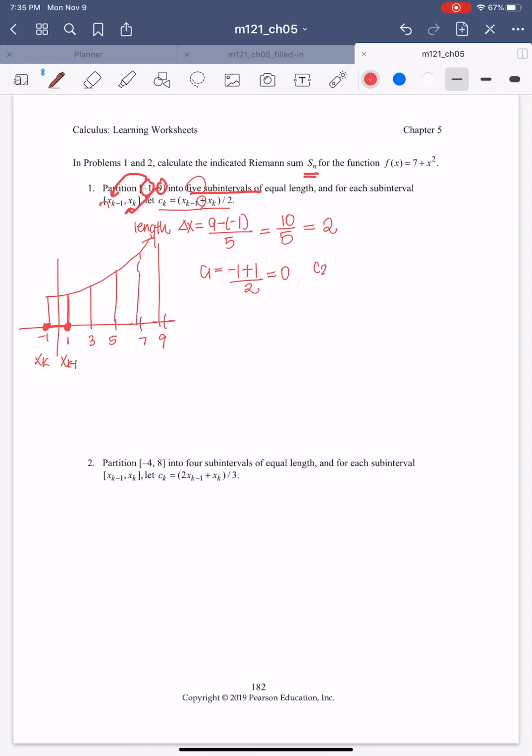C sub 2. What is C sub 2? Now I'm looking at 1 and 3. So 1 plus 3 divided by 2, you will get 2. Let's do C sub 3. C sub 3 will be now looking at 3 to 5. So 3 plus 5 over 2, which is equal to 4. Okay. And then we have C sub 4.